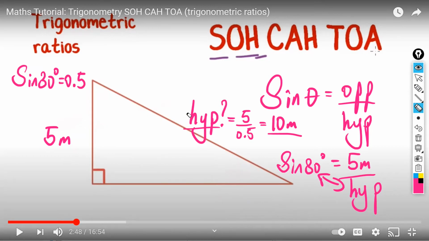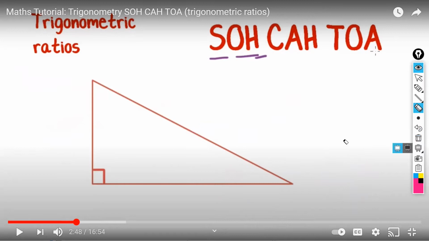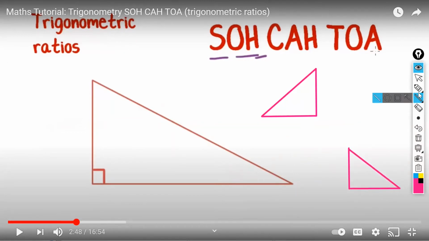So cool, let me clear the screen and let me draw another triangle over here. And I'm going to make all of them 30 degrees in this case, just to make it a little simpler. And let's make here 12 meters.